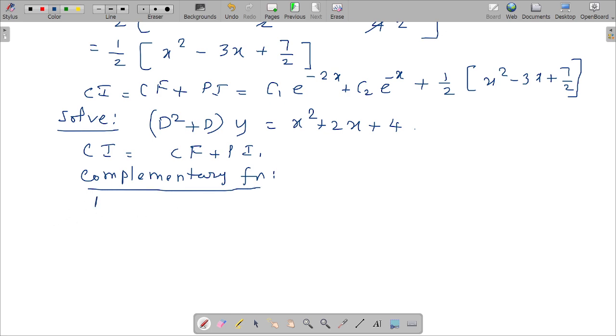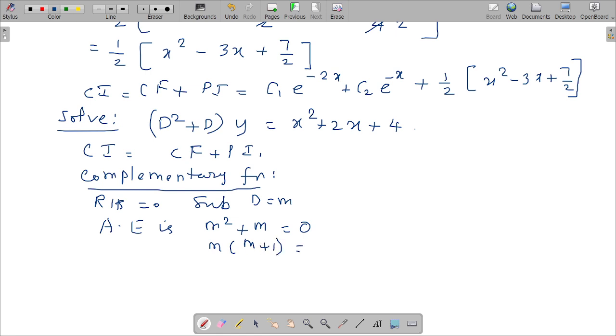Make the right hand side equal to 0, substituting D equal to m. You will get the auxiliary equation m square plus m equal to 0. Taking m outside, m into (m plus 1) equal to 0, that is m equal to 0, minus 1.